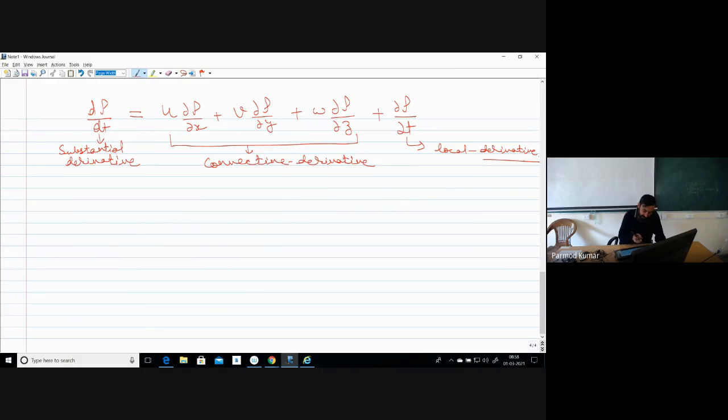So if I say in vector notation that my velocity vector V is equal to u i cap plus v j cap plus w k cap, where u, v, w are the components of velocity in x, y, z direction, and i cap, j cap, k cap are the unit vectors in x, y and z direction.